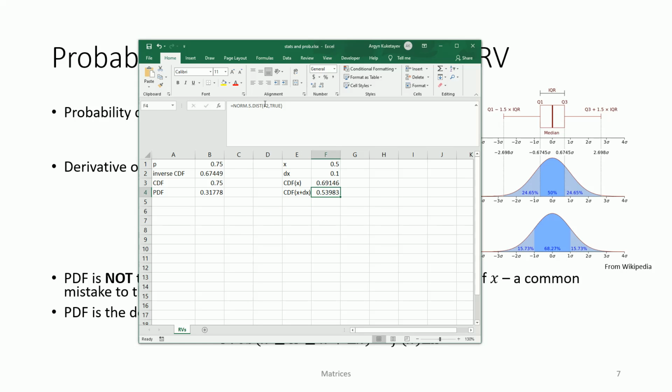This is going to be f2 minus f1. Okay, good. And now we can calculate the exact probability. We know the exact probability is going to be CDF of x plus dx minus CDF of x.